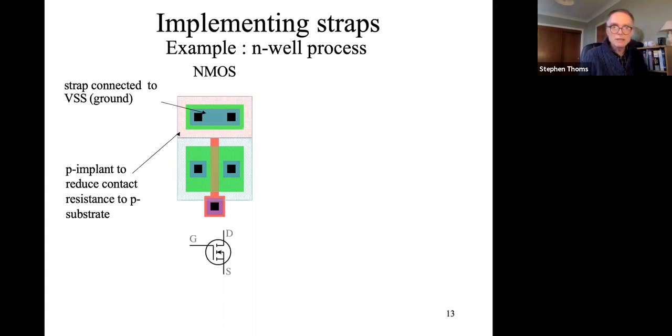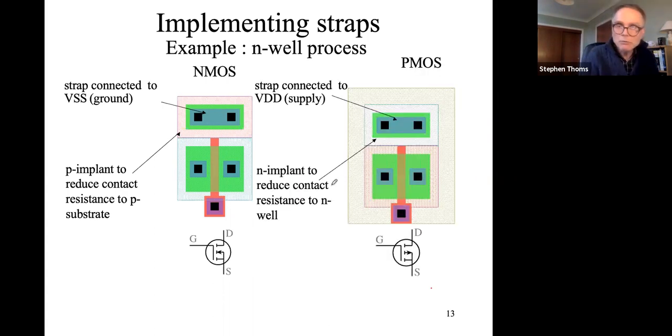And in the same way, we need to do the same thing on the PMOS side. So we've got an N implant here, heavily doped again, so that we are tying this area now to VDD.